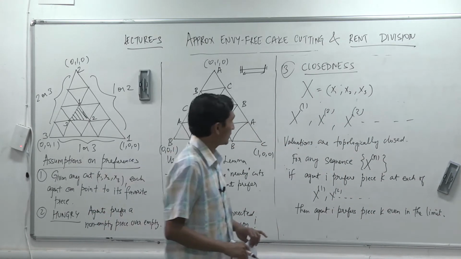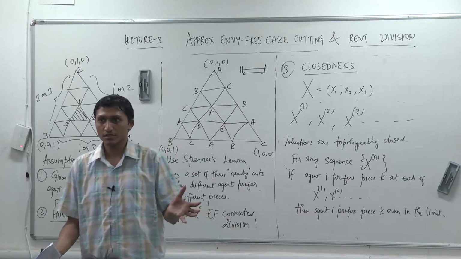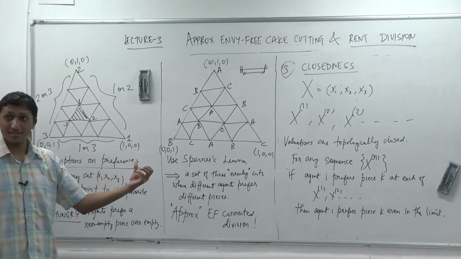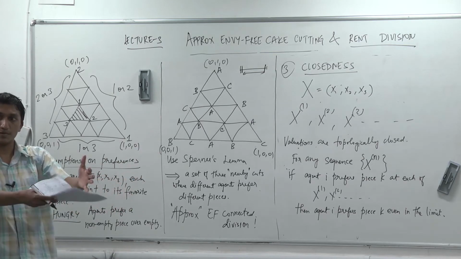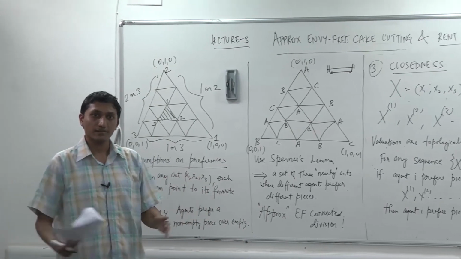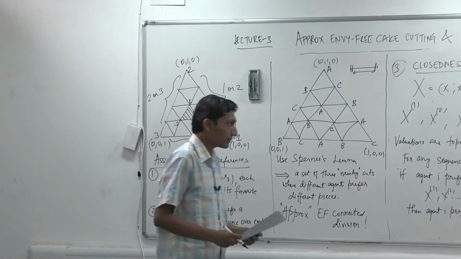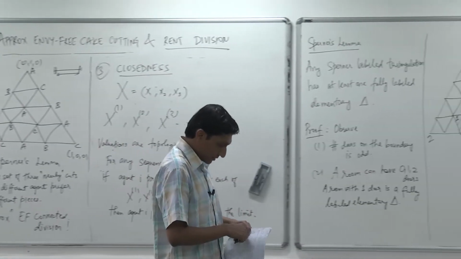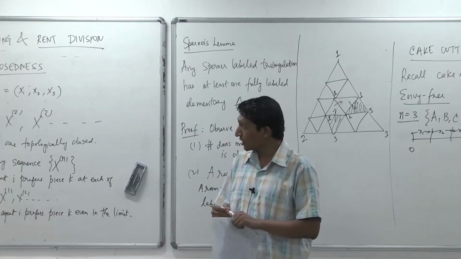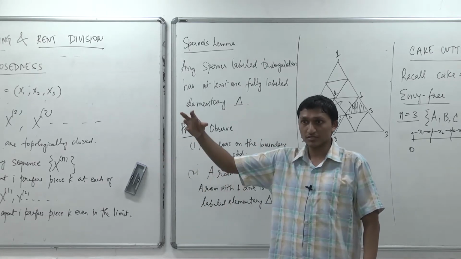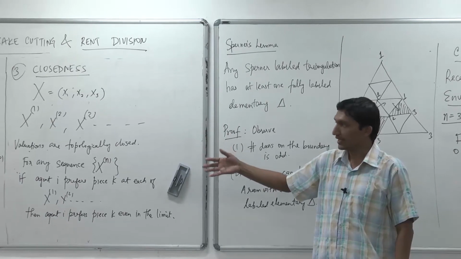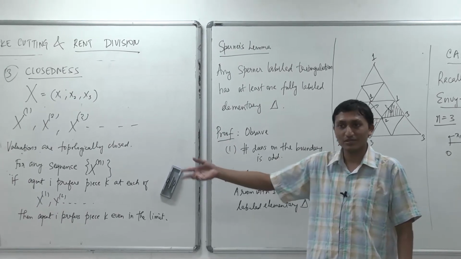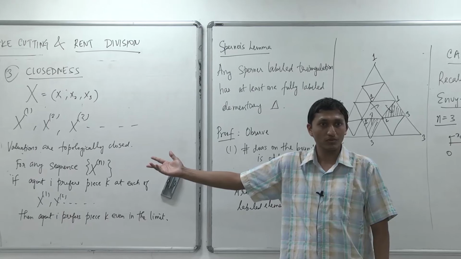Okay. So if the valuations are closed, then you can take increasingly finer triangulations. They'll all converge to a single point, and at that cut, all three agents will prefer different pieces, and life will be good. Okay. So this is a convergence-based result. So this is not giving you an algorithm because it has this like infinitely many things that you'll have to do, and you cannot hope to have an algorithm because Stromquist told us so.